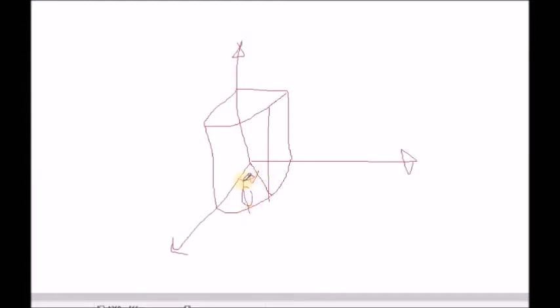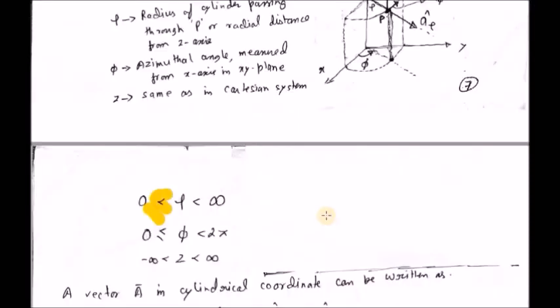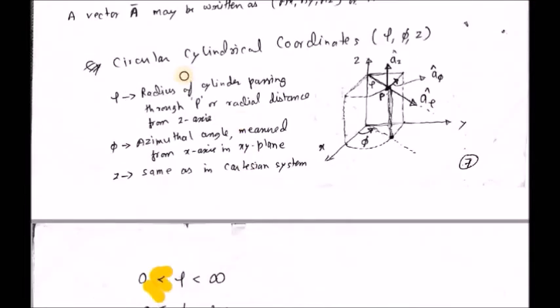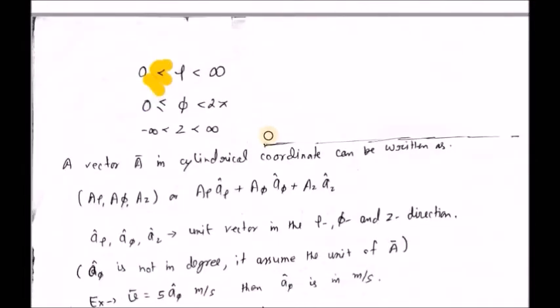Now I can move this phi from here, starting from here to again here. Now moving forward will again come in this range. So phi will be from 0 to 2 pi, and your z is just as in the rectangular coordinate system, so z can be from minus infinity to plus infinity. Okay, so these are the ranges of these coordinates in circular cylindrical coordinate system.